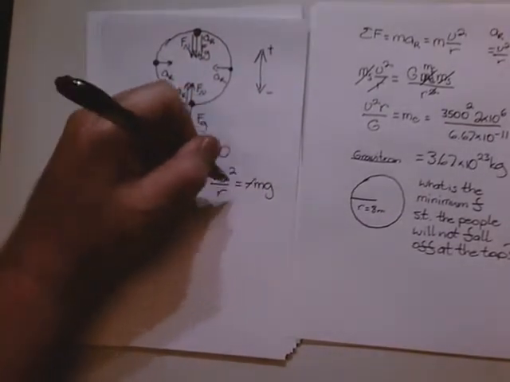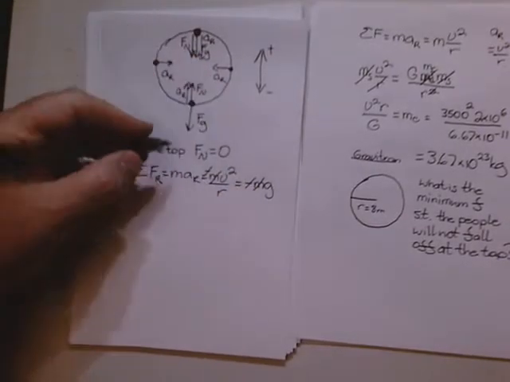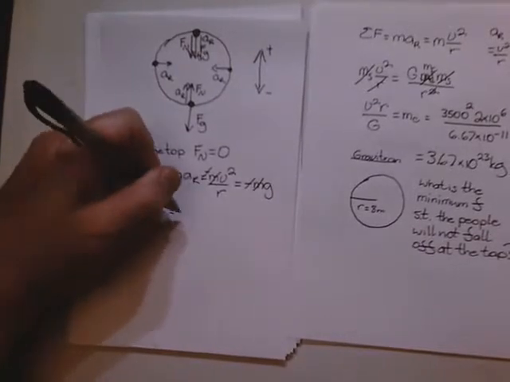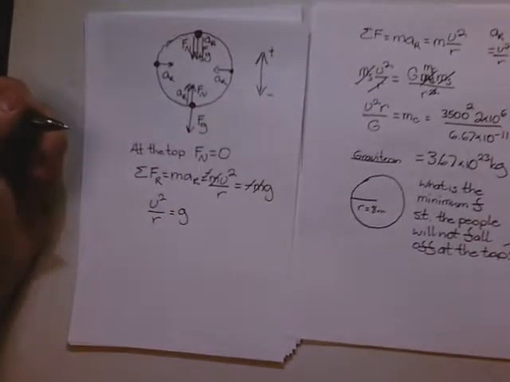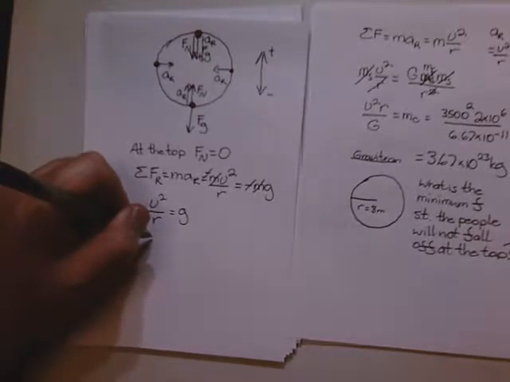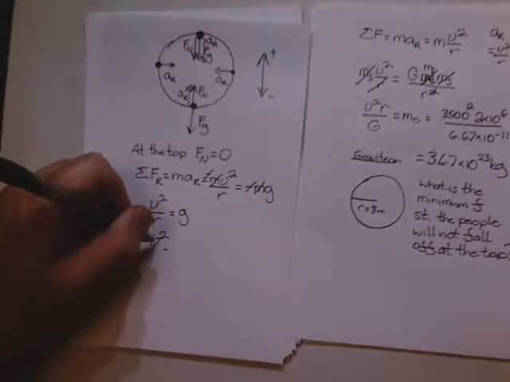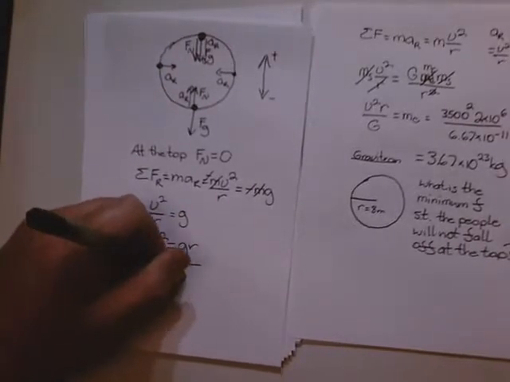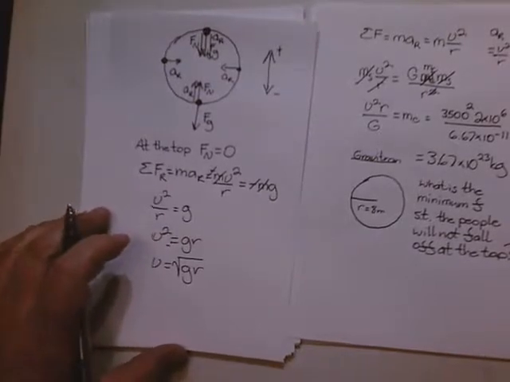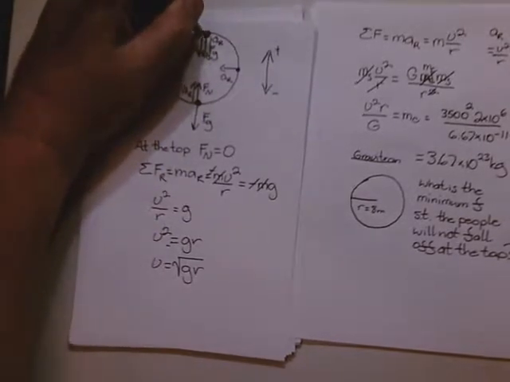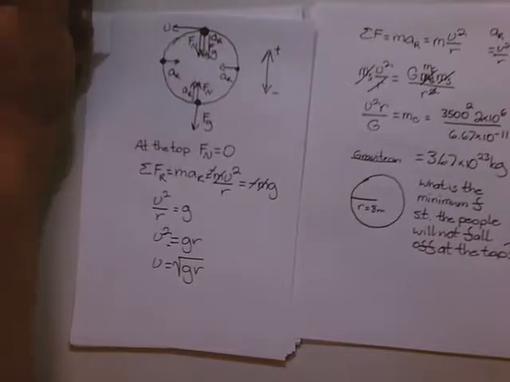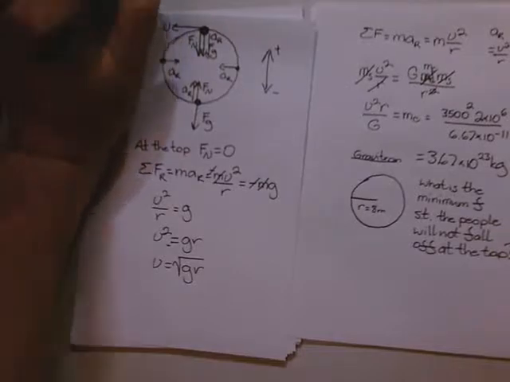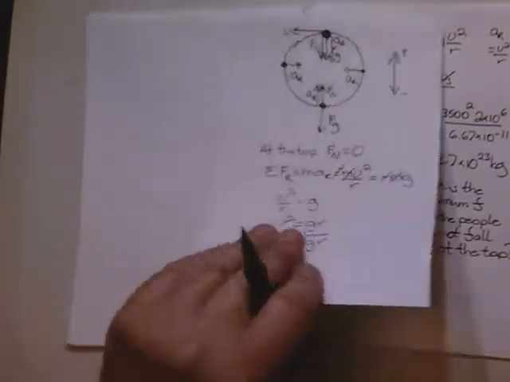So the negatives cancel, and the m's cancel, and you're left with v squared over r equals g. So v squared is equal to gr, or v is the square root of gr. And so that is the minimum linear velocity of the object such that you stay on. So how do you get the frequency?